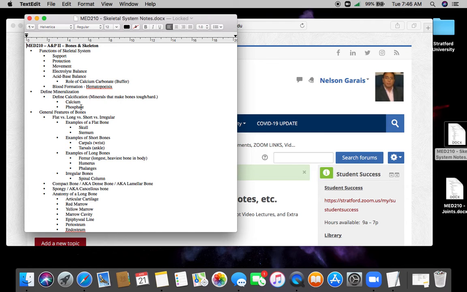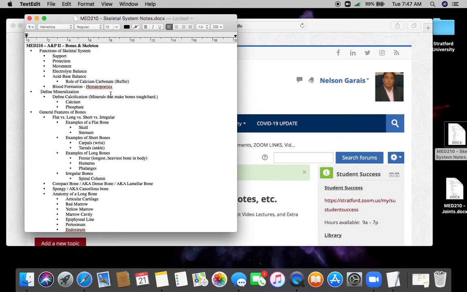They have storage for minerals that gives them their strength, and do know and also understand that your cartilage has a similar makeup, but far less calcium and phosphate. And last but not least, I'm going to be showing you the cross section of a bone momentarily.